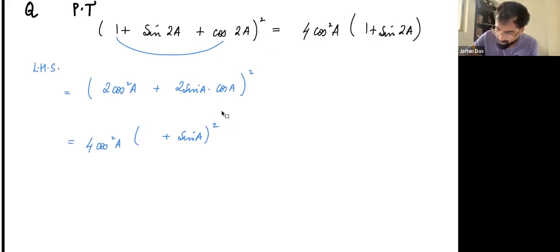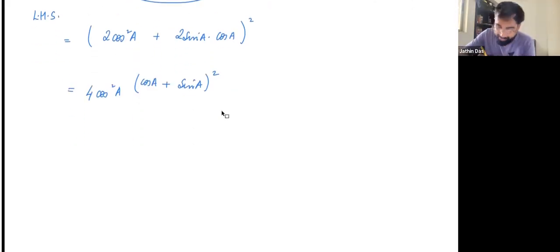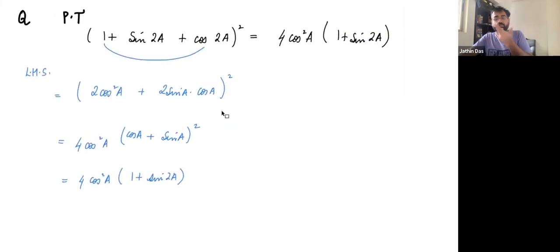No, there's a cos also, right? Now you know cos a plus sin a whole square is 1 plus 2 sin 2a. Cos square plus sin square. You know it, na? How this came?